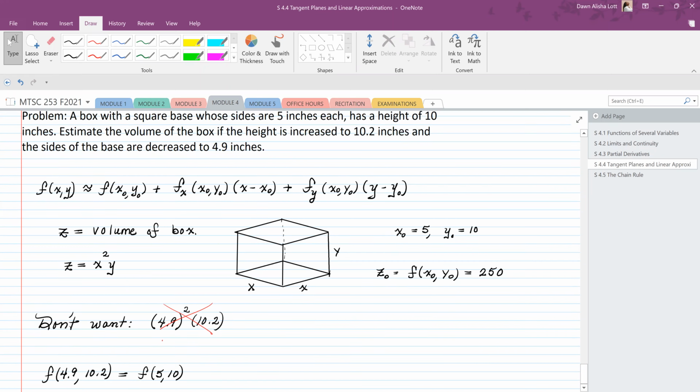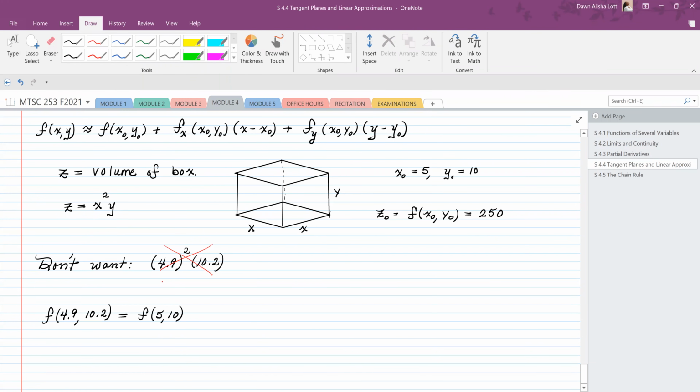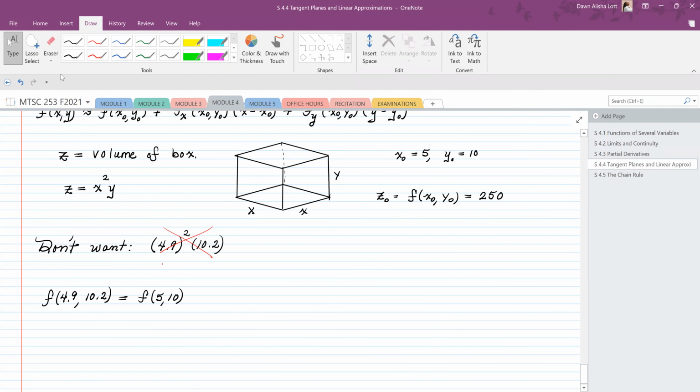Okay, I just wanted to make sure. They want me to use this formula. They want me to approximate it by knowing what I already know. So that plus I need the derivative F sub X at 5, 10 times 4.9 minus 5 plus F sub Y at 5, 10 times Y, which is 10.2 minus 10.